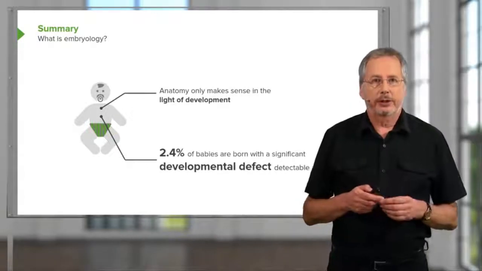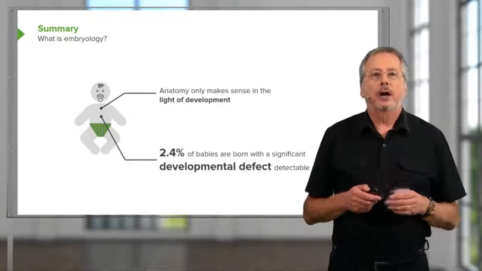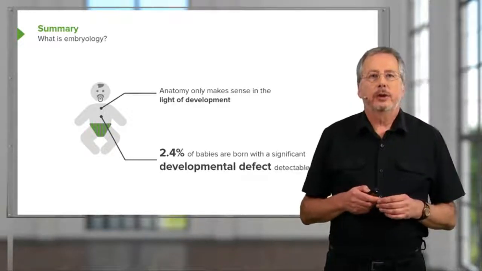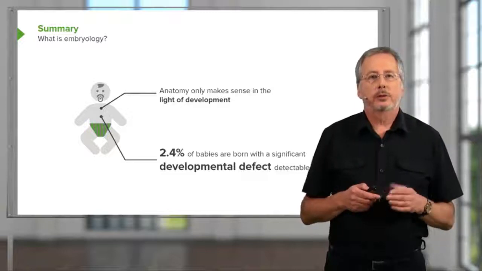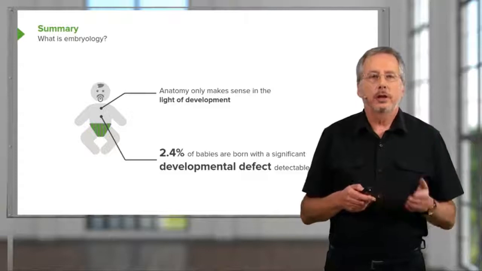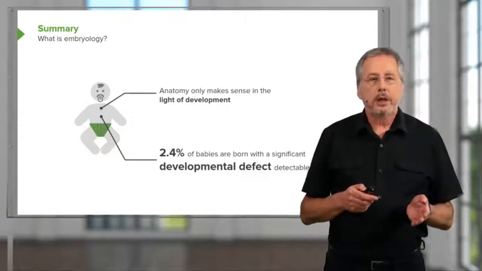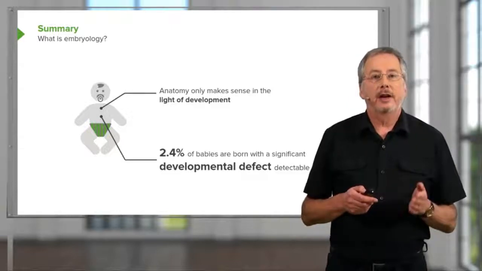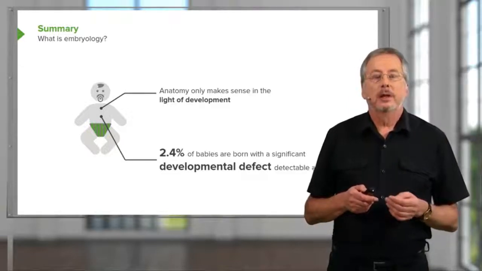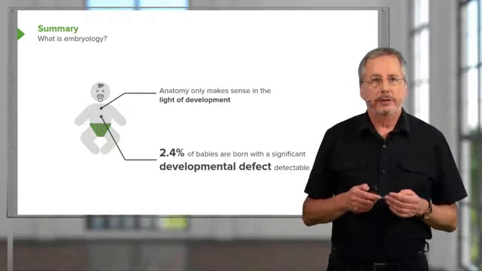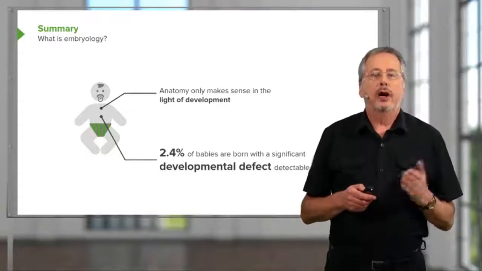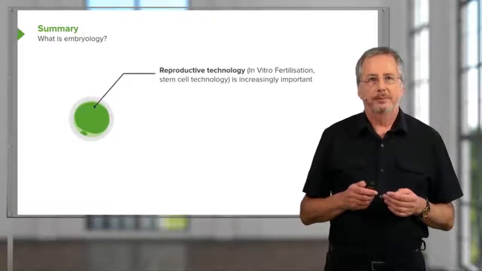Deafness sometimes falls into this category, or sometimes heart defects, which become evident when babies start to walk, putting increasing strain on the heart and showing up abnormalities that were not detected beforehand. So that means that perhaps as many as 5% of babies in total have a significant developmental defect, a number which is much higher than most people expect.